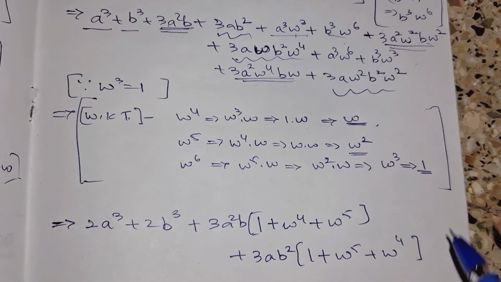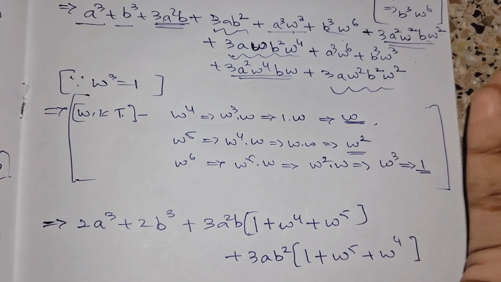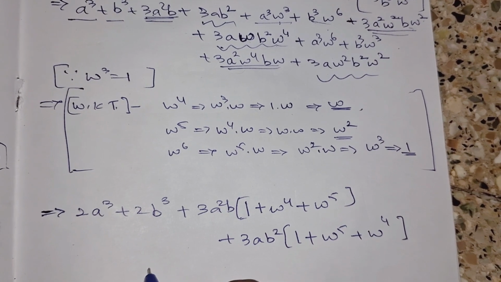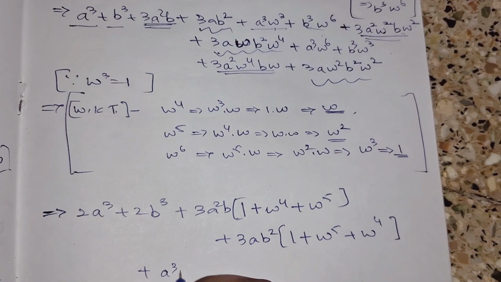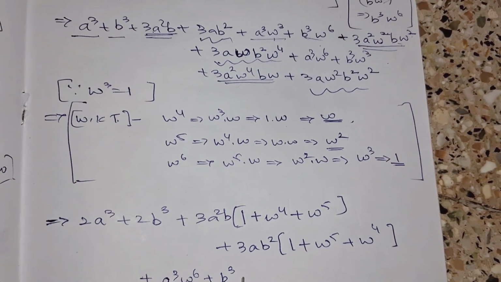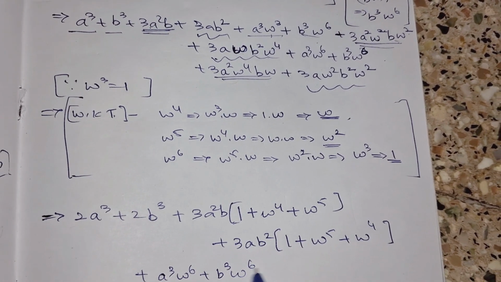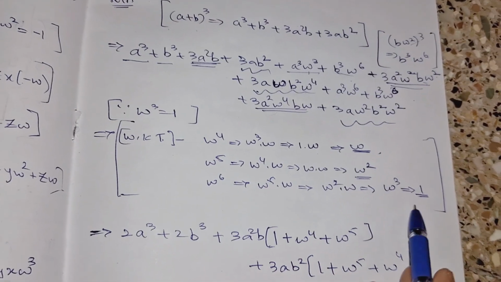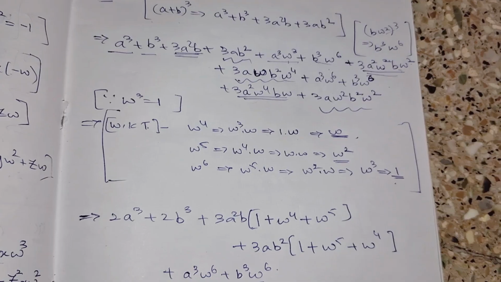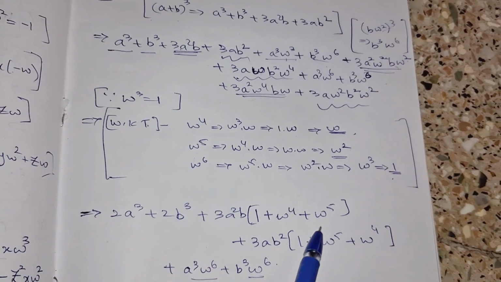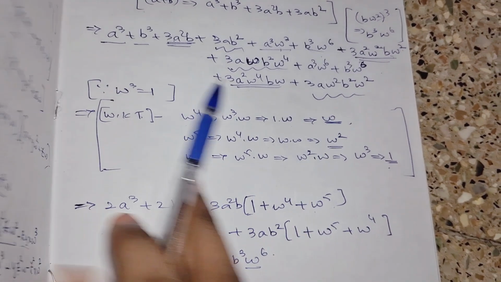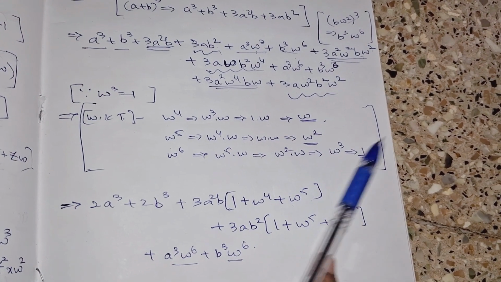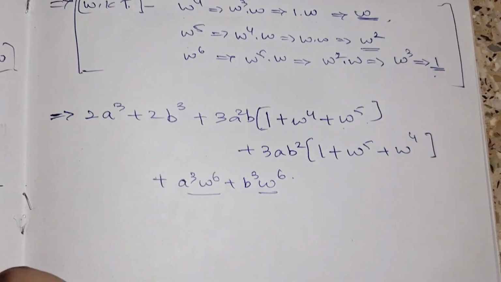Then the remaining terms are a cube omega 6 plus b cube omega 6. Omega 6 is 1, so we substitute 1 here. Omega to the power 5 is omega square, omega to the power 4 is omega. So in place of these, we will substitute these values. So what will we get if we substitute?